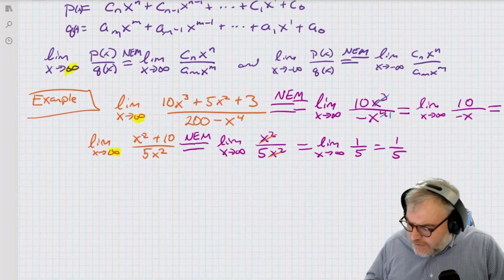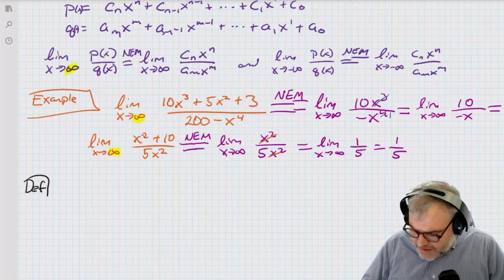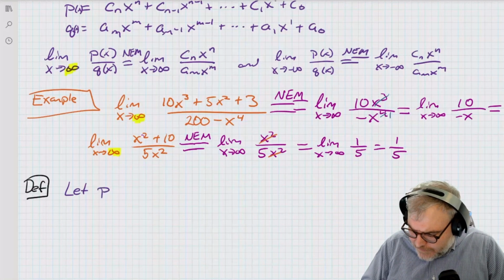So people were having questions about what a polynomial was, so let's do some definitions. Definition. Let P be a function.